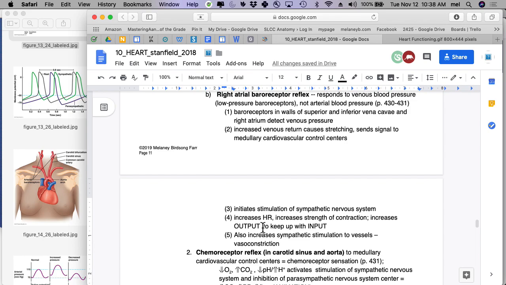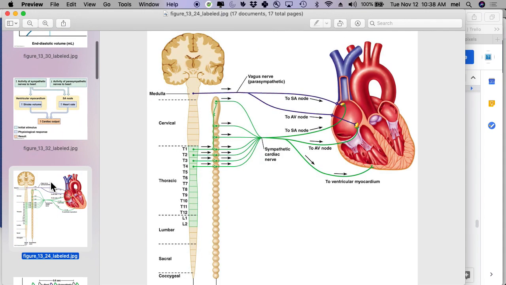Go ahead. So it increases, does it also increase atrial contraction or just ventricular contraction? It increases ventricular contraction. It increases heart rate, and so it activates the sympathetic nervous system. Different sensory input, which was detected right here, goes to the medulla oblongata.